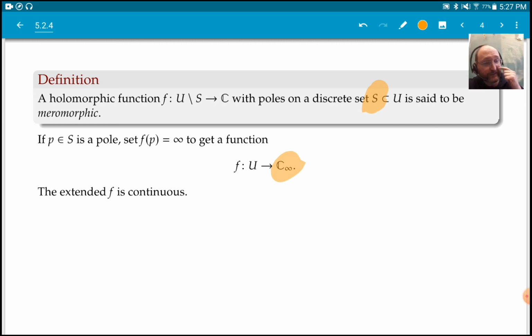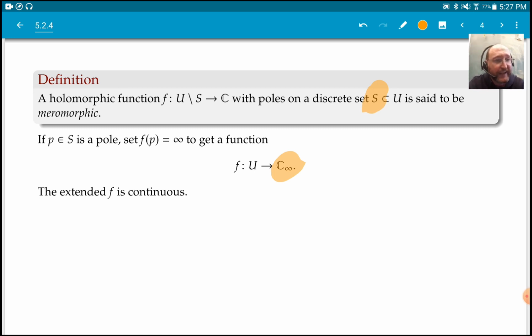It's the place where the function goes to infinity, and we've set it to infinity. And the topology on the Riemann sphere is such that that's what it means, right? So it's sort of continuous by definition. We've defined things so that it is continuous, right?